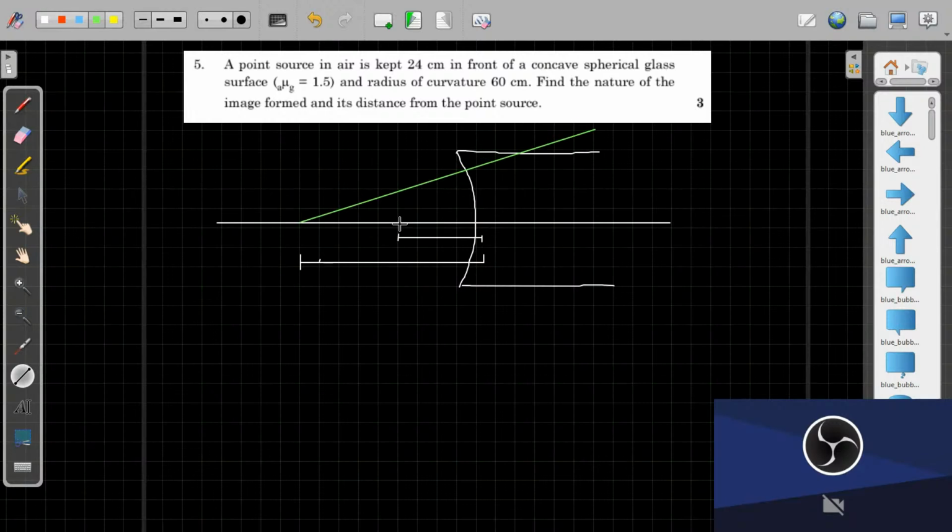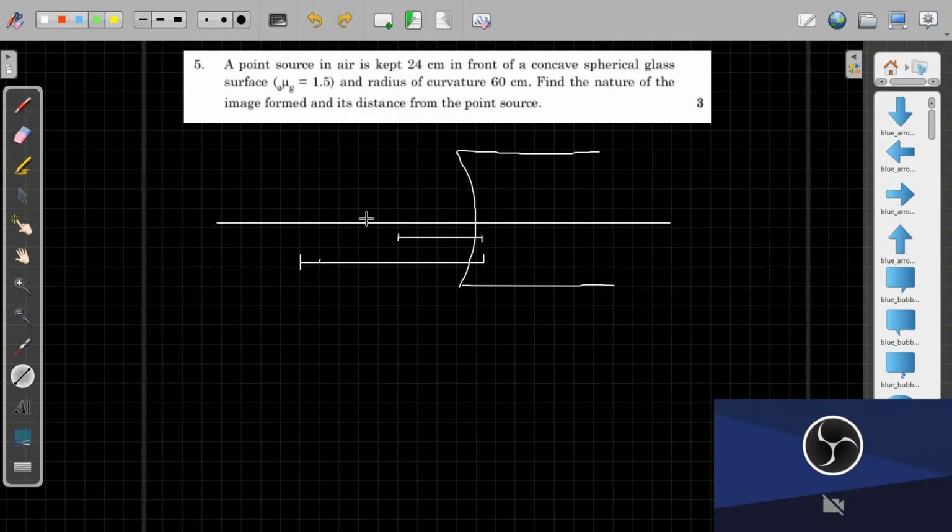Now, any ray originating from the point source here, in the rarer medium, will be moving away from the normal. But in the denser medium, what will it do? It will try to move towards the normal. So somewhere like this, it will move towards the normal. I think I should draw it more properly.